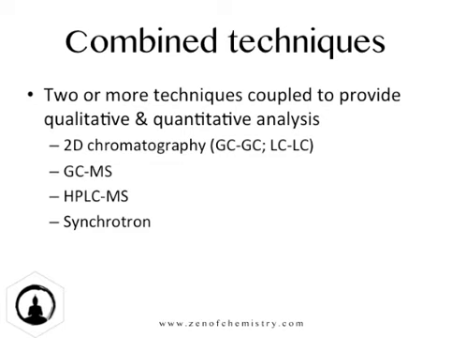You can put a mass spec on the end of a HPLC or a GC. You can do two-dimensional chromatography, and you can also use the synchrotron. I just wanted to point out that you can use them in conjunction with other techniques.